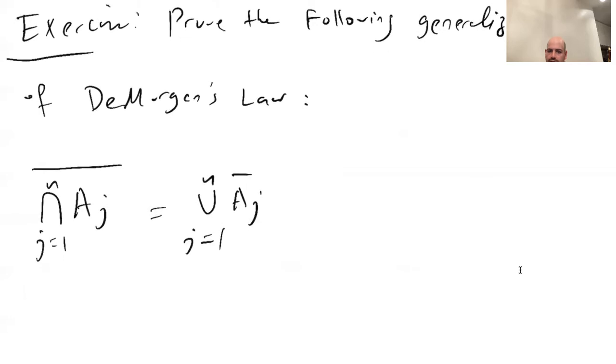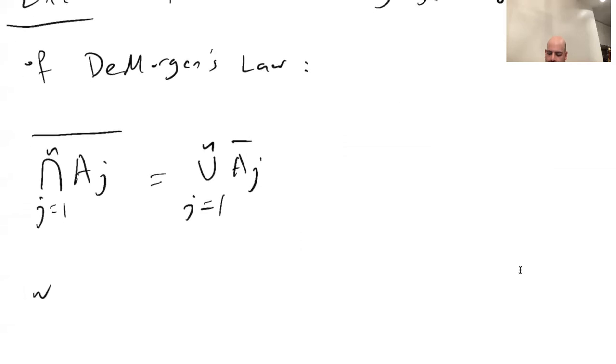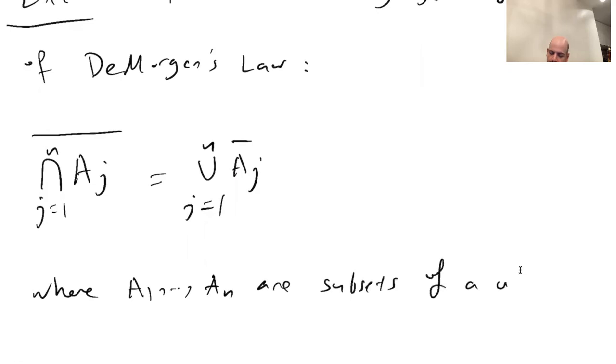where A1 to An are subsets of a universal set U, and n is bigger than or equal to 2.